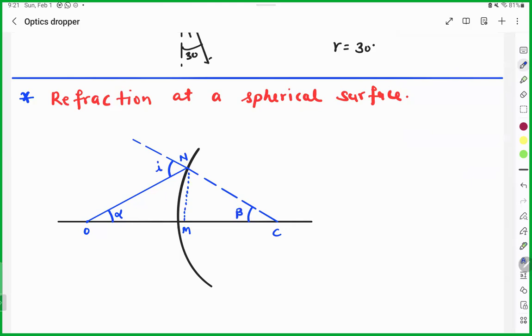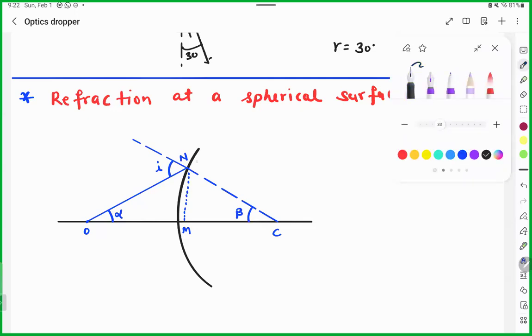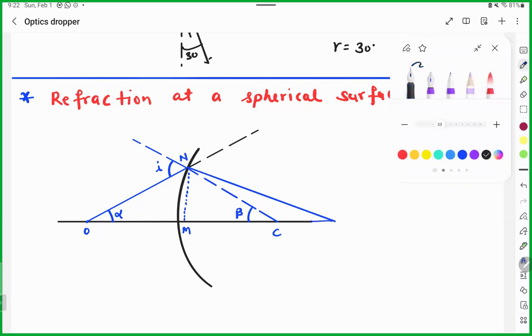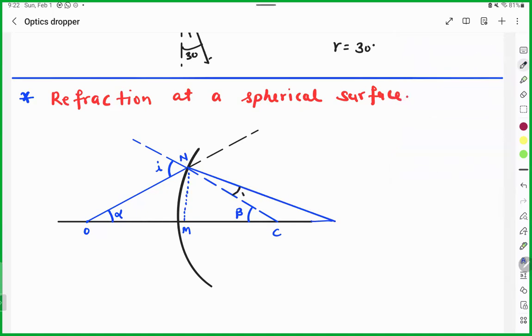When light moves from rarer to denser medium, it should have gone straight like this, but it will bend toward the normal. So in this case you will have angle r, the angle of refraction, and this will be gamma.